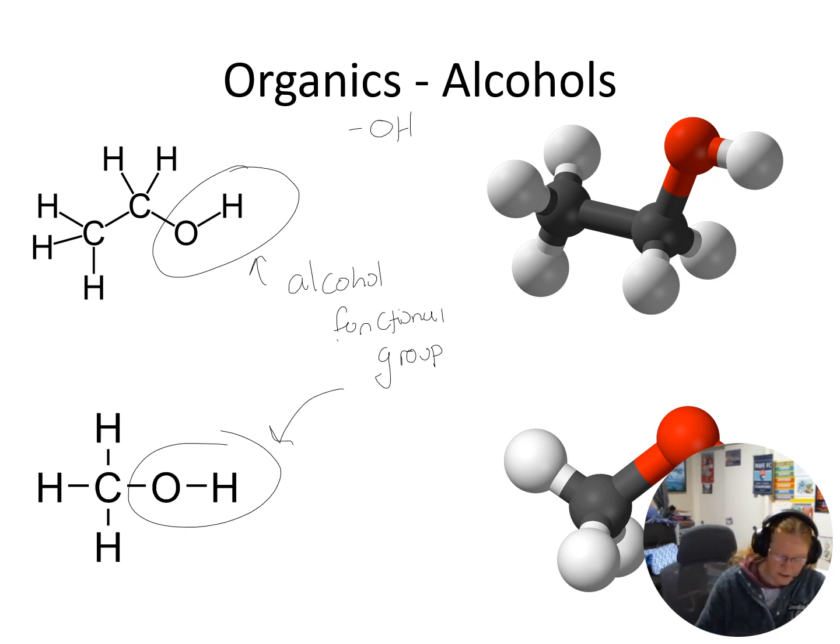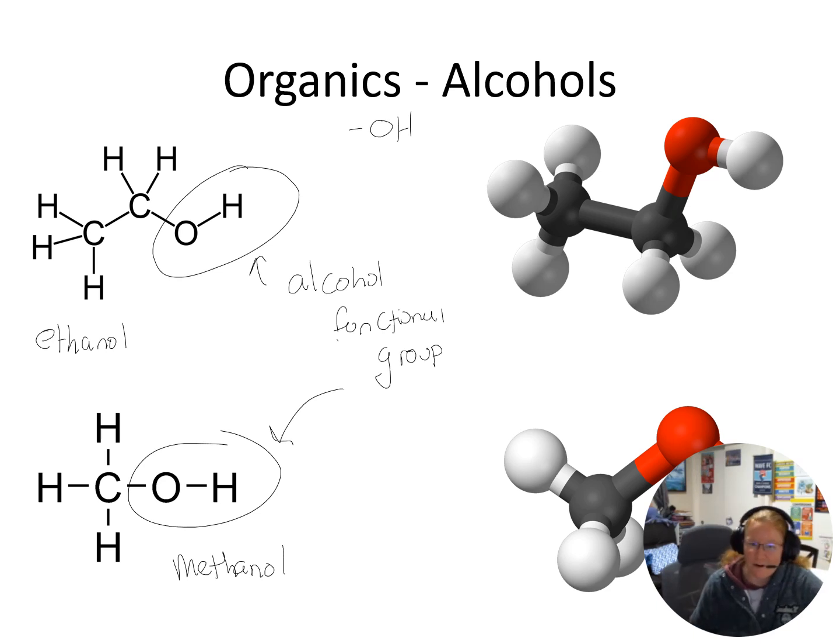I have 2 carbons with that alcohol, so this is ethanol. Here I have 1 carbon with the alcohol functional group, so this is methanol. So you can see where we still use those prefixes there for the number of carbons. So we got that alcohol functional group.